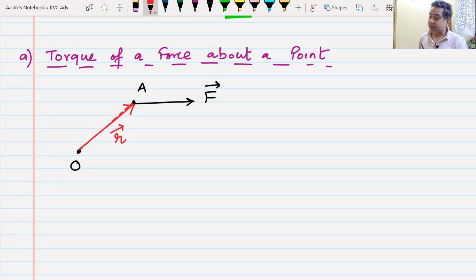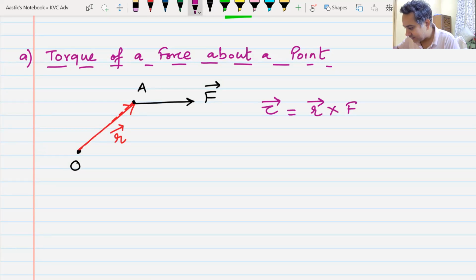This R vector is the vector drawn from O to A. The torque of the force about this point O is given by this formula. The torque of the force tau is this vector R cross F. It's a vector product, R cross F.